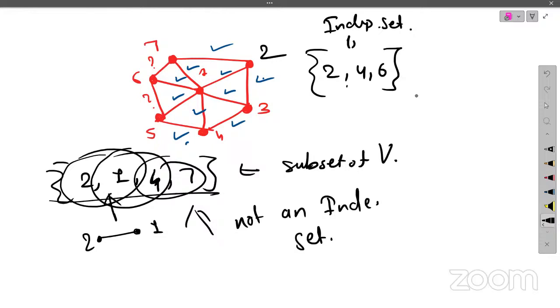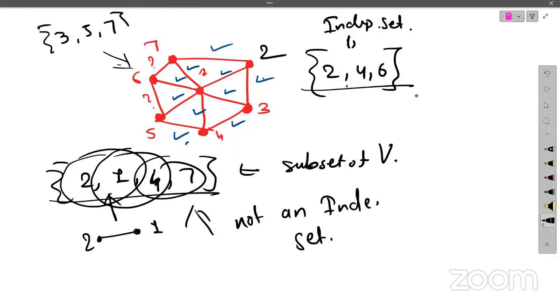So for example, here, this is not an independent set, but here, this is an independent set. Okay, so what will be one natural independent set? Can you give me one natural independent set in this particular graph? 3, 5, 7. Yeah, correct. 3, 5, 7 is there.